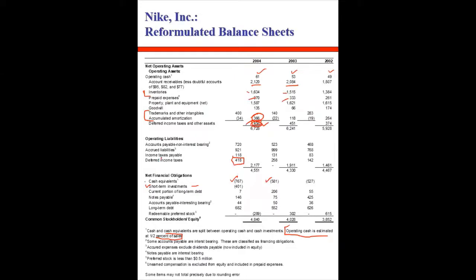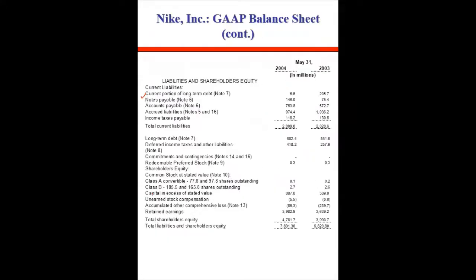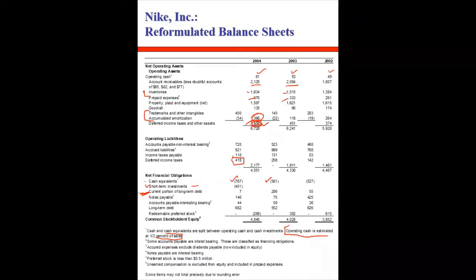That's why it needs to be considered as financial obligation. This one, current portion of long-term debt. Okay. And notes payable, we do not know how much of this note is operating or how much is financial. So we have to find out some ways.